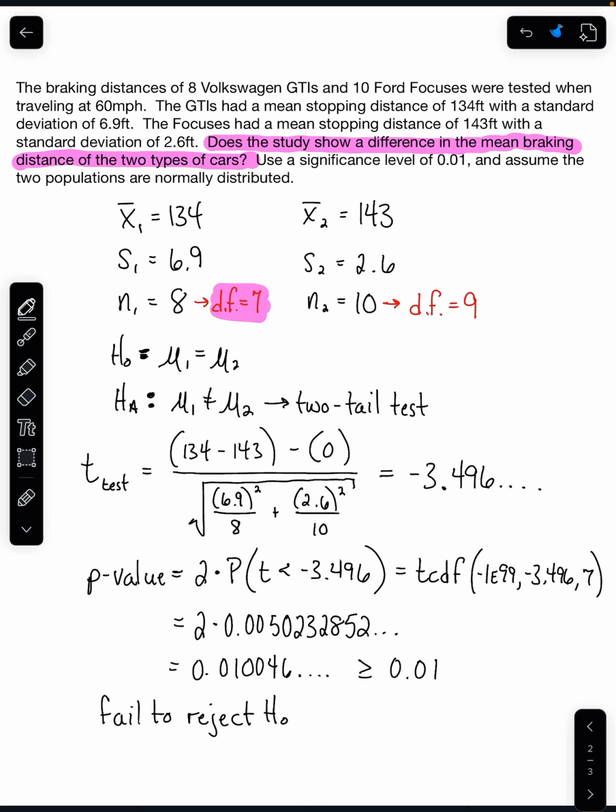So at the 0.01 level of significance, and that's really important to say here, because if we change our level of significance, it will definitely change our decision.